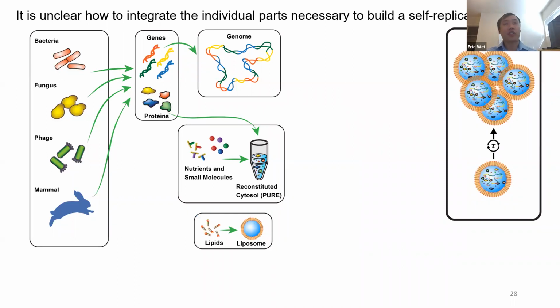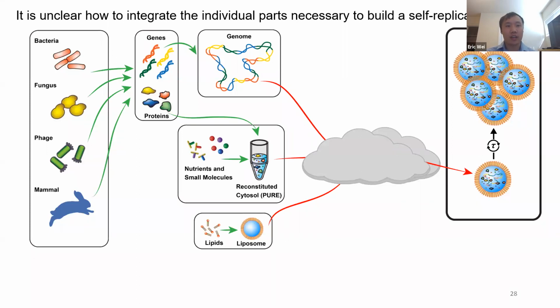So we've done all this work in terms of working with PURE and cell-free systems, but how are we going to integrate the genome design, the PURE system, the encapsulation, and grow and divide?